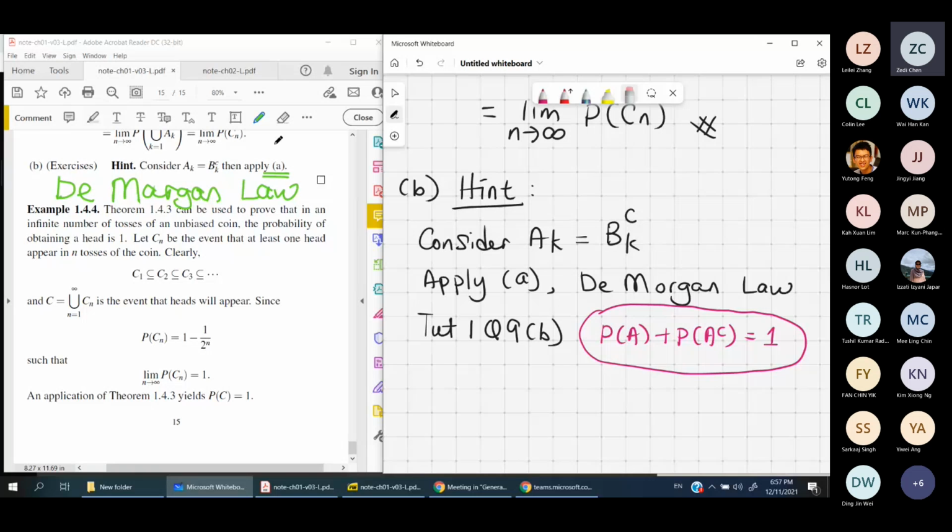All right, so let's come to this one. We can apply this formula to induce a conclusion here.